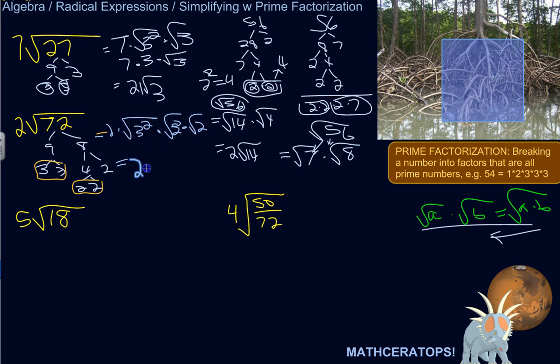So the square root of 3 squared is just 3. Square root of 2 squared is just 2. And then we had the square root of 2. So 2 times 3 times 2. 2 times 3 is 6, times 2 is 12. So this, in its simplest form, is 12 times the square root of 2.